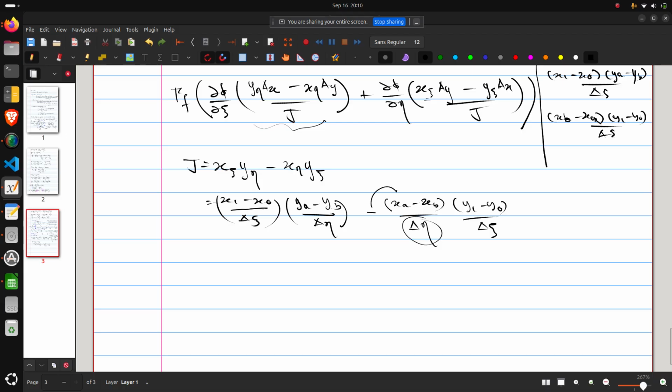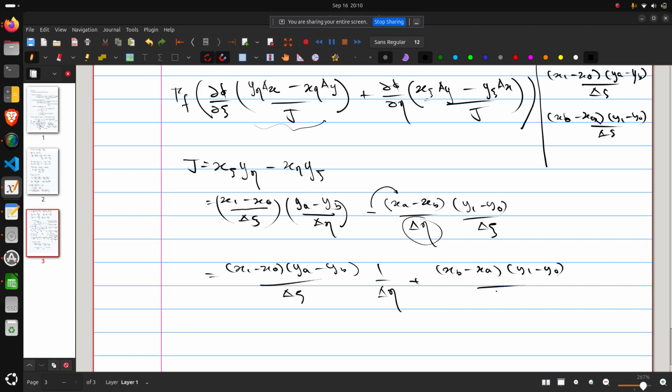So if we just take the negative sign inside, it will be x1 minus x naught times ya minus yb by delta psi times 1 by delta eta plus xb minus xa times y1 minus y naught by delta psi times 1 by delta eta.